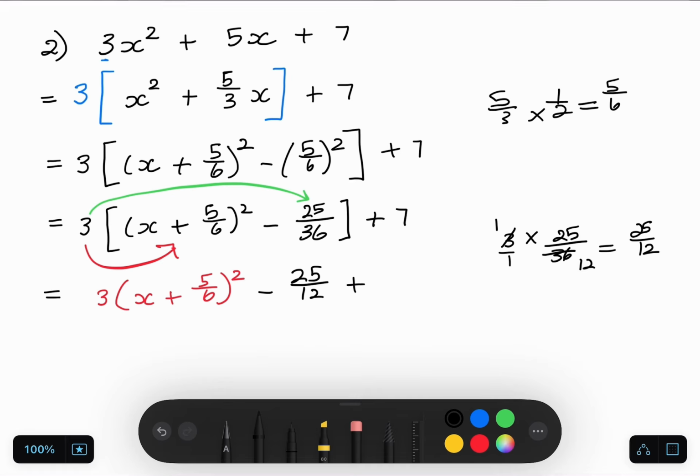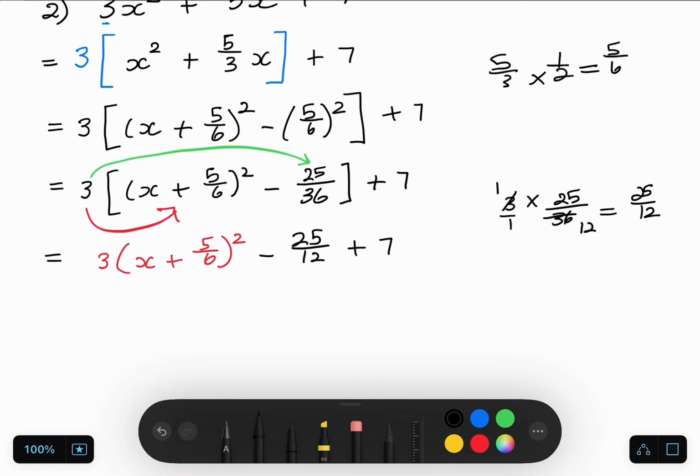All right, and now finally you bring down your plus 7, and now in the final line, you're going to add the 7 to the minus 25 over 12. So this first part is completed. This will be 3 by x plus 5 over 6 squared minus 25 over 12 plus 7, which is actually plus 4 and 11 over 12, right?